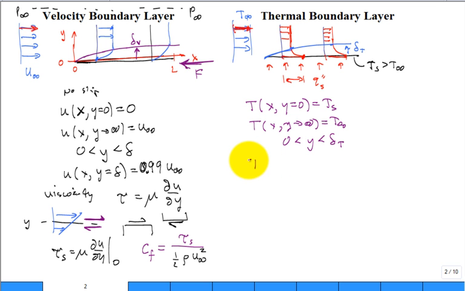Maybe you put the T at some location down the length from the leading edge, where y is equal to the thickness of that boundary layer. That difference between the Ts and T, over T infinity minus Ts, is equal to 99%. This equation works regardless of whether Ts is greater than T infinity or Ts is less than T infinity. It's really focusing on the temperature change between the surface and T infinity, right?